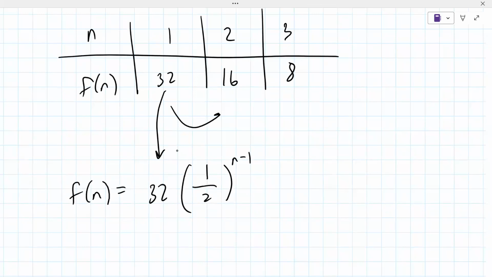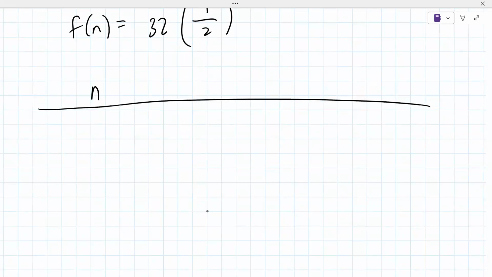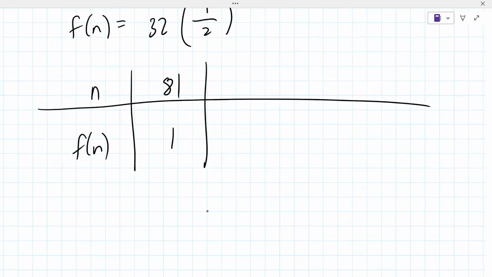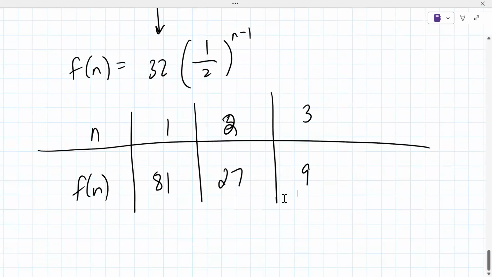Let's try one more. They're not going to give you anything crazy. 1 is 81, 2 is 27, 3 is 9.